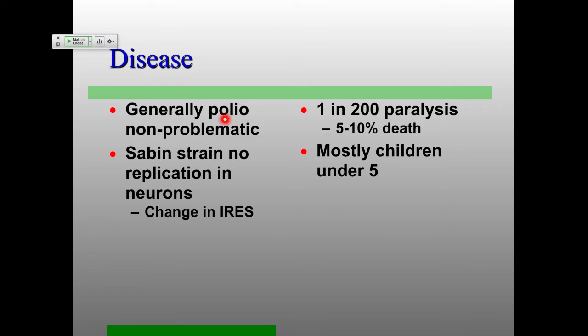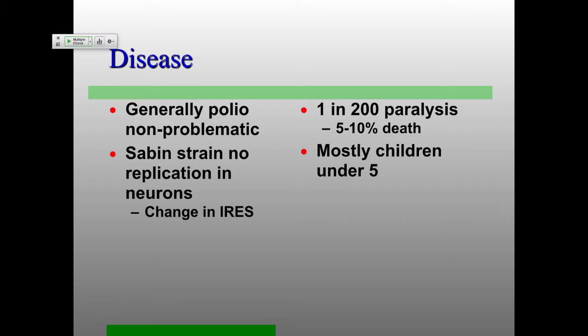There is a vaccine strain, in fact, the major vaccine strain that's used worldwide, not in the US, and we'll get back to that a little bit later on, is the Sabin strain, which is an attenuated vaccine, and attenuated just means it replicates, it makes more virus, but it's not neurotropic. It doesn't go into neurons most of the time. And interestingly enough, the change in this particular virus is in the IRES sequence.